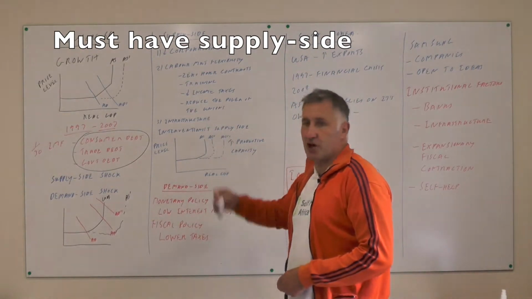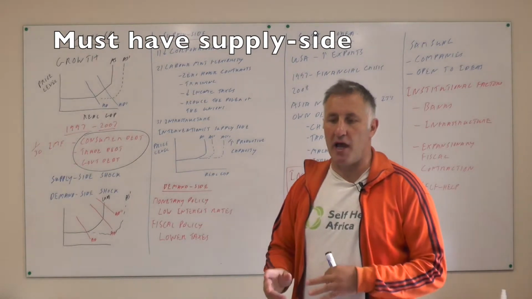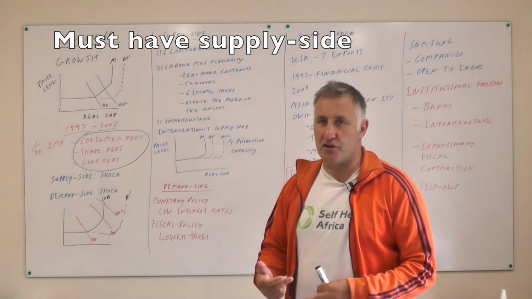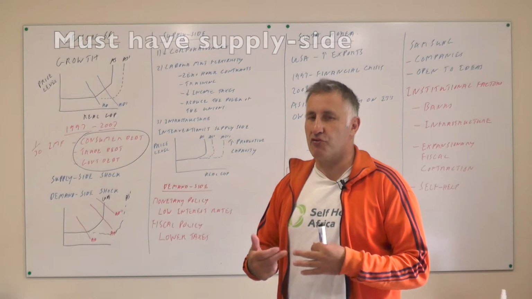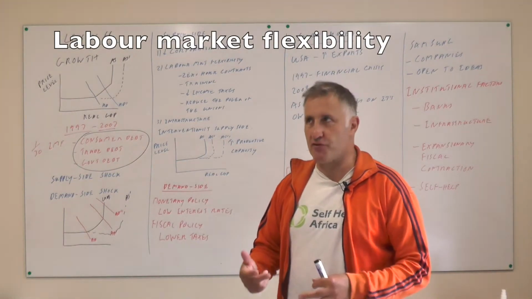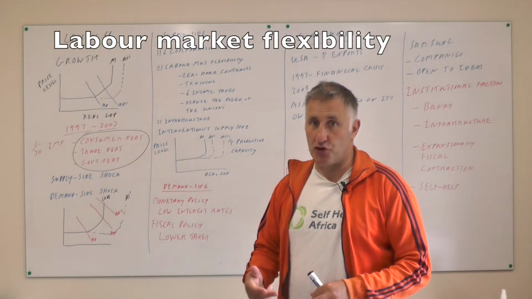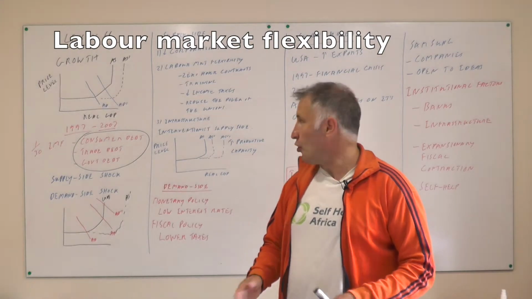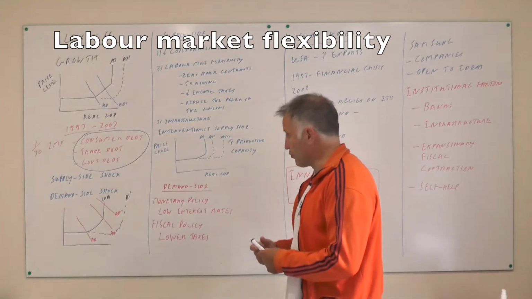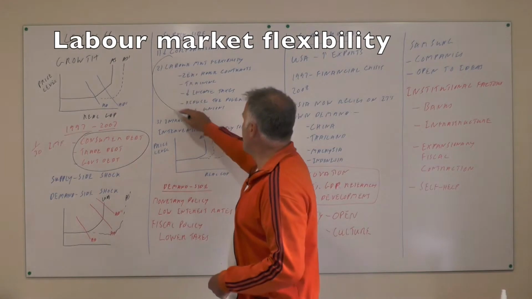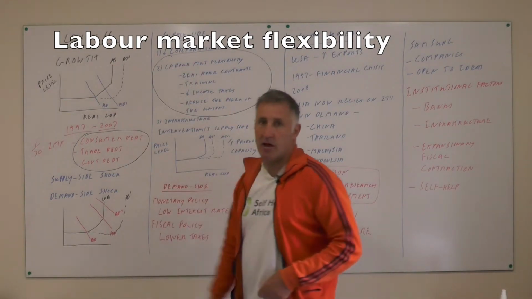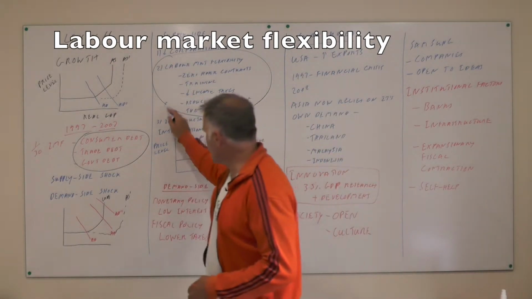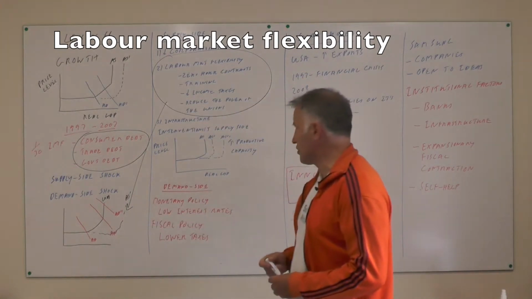But pretty important also is labour market flexibility. If you introduce zero-hour contracts, increase the flexibility of the labour market, reduce the power of the trade unions, better train workers, and raise the tax threshold, all of those things will create a more flexible labour market, and therefore the economy will be able to run at high levels of demand, because once again we'll be able to shift out the aggregate supply curve.